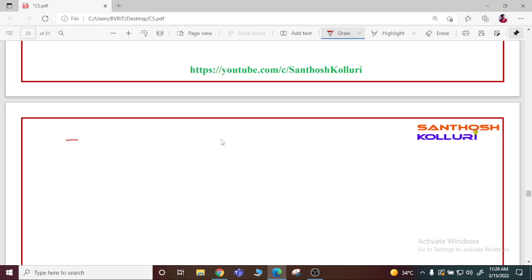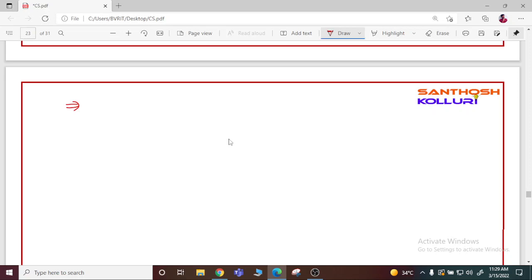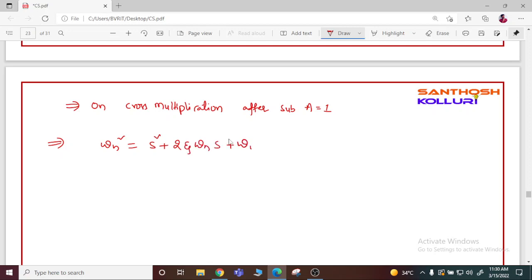By cross multiplying, after substituting the value of A equal to 1, we will have the function as omega n square is equal to s square plus 2 zeta omega n into s plus omega n square, plus (Bs plus C) into s.